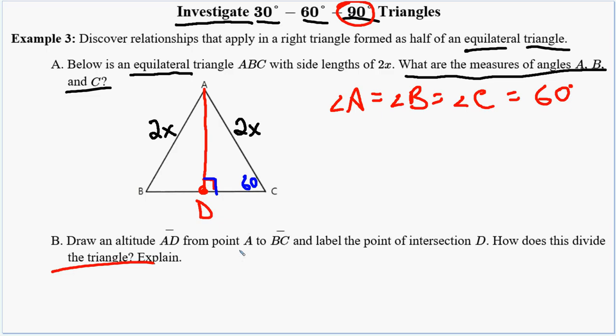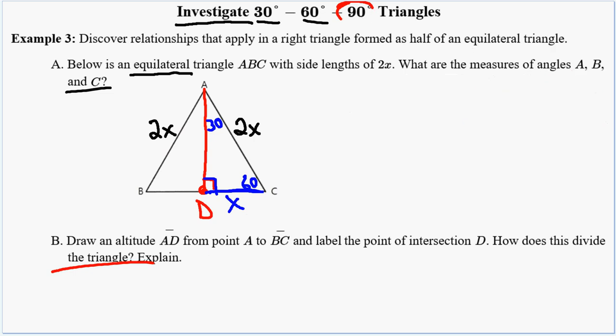Here's our 90-degree angle. Angle A has been bisected. So angle A here is now our 30-degree angle, and we have our 60 and our 90. And this whole side down here was 2x, but we split it by dropping our perpendicular. So now this side here is just x.